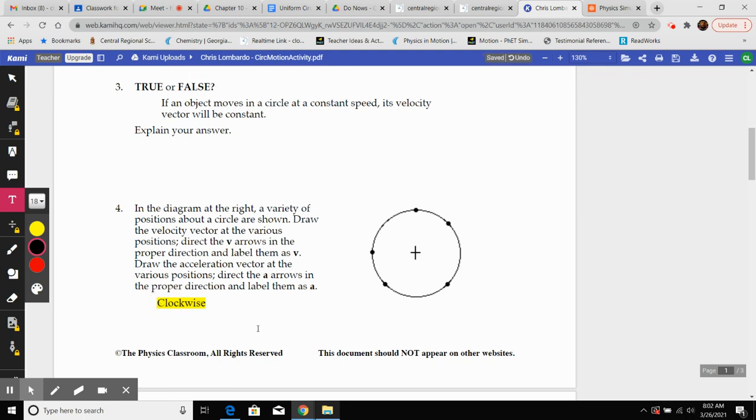What clockwise is telling me is that that is kind of how this thing is moving around, spinning around.